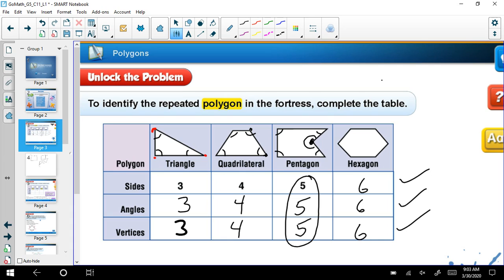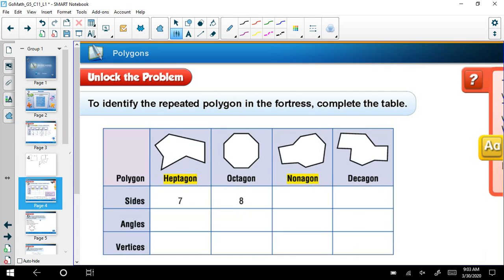These should be pretty easy, right? Triangle, quadrilateral are definitely easy. Pentagon, hopefully you recognize that that's 5. Hexagon is 6. Now we're going to move into some new ones for us probably, here with heptagon and nonagon. So hept, H-E-P-T, stands for the number 7.